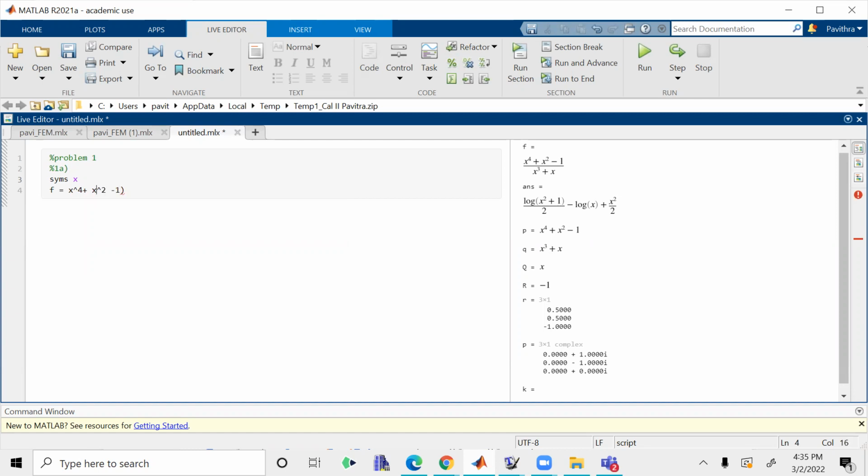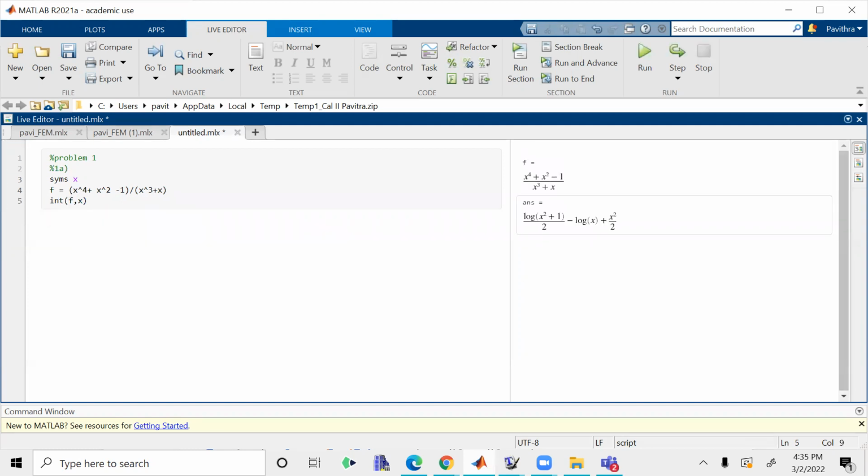Make sure you put the parentheses properly, divided by x cubed plus x. Then I just use int and integrate function f with respect to x. That's it, very easy. Control enter, you get the answer. You do not have to apply long division, you do not have to perform partial fractions. You get your answer directly.